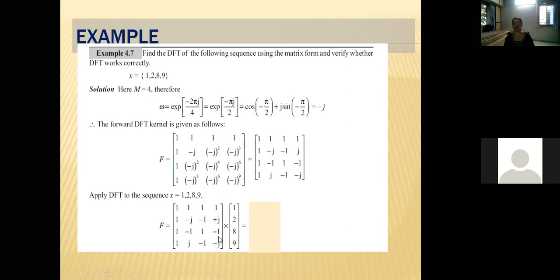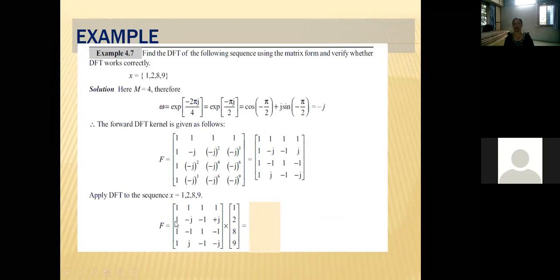Basically, we need to follow the matrix multiplication rule, that is, the number of columns of the first matrix must be the same as the number of rows of the second matrix. Yes, Sharon, your answer is correct. So how do we perform matrix multiplication? This first row is multiplied by this column: 1 into 1, 1 into 2, 1 into 8 plus 1 into 9. This is your very first coefficient.